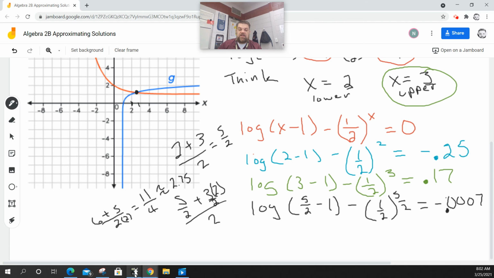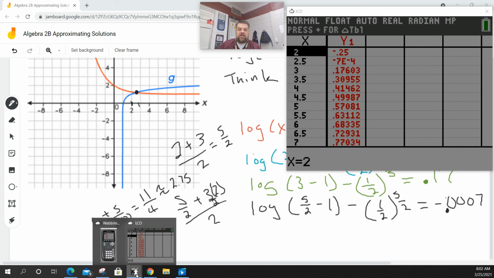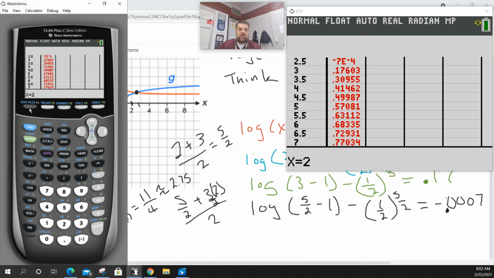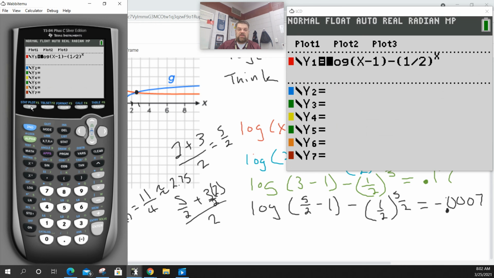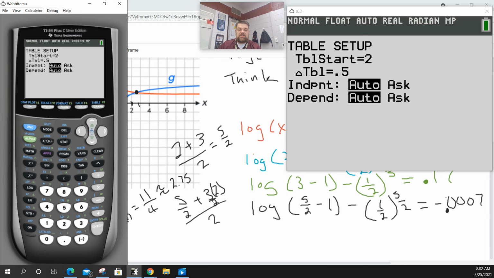Now this is tricky because 11/4 is actually 2.75 approximately. So now I'm going to come in here on the calculator and find 2.75. I've got to take my calculator and evaluate this. And they only want us to go 3 iterations, so we've got one more iteration after this. So I'm going to hit table set, and plug this into 0.25. Okay.